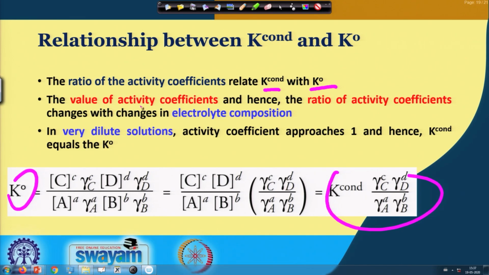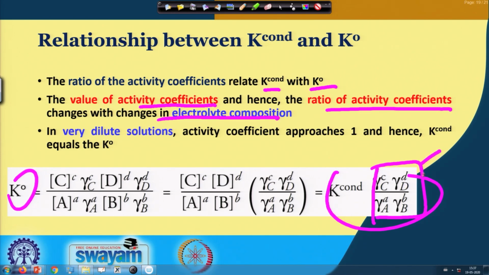The value of the activity coefficient, and hence the ratio of the activity coefficients, changes with changes in electrolyte composition. In a very dilute solution, the activity coefficients approach 1.